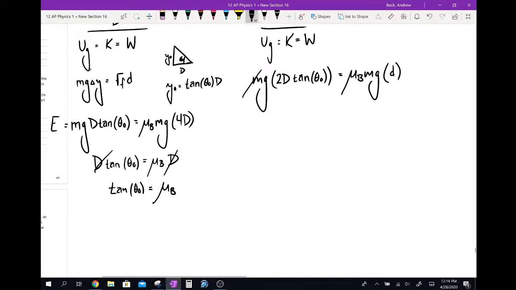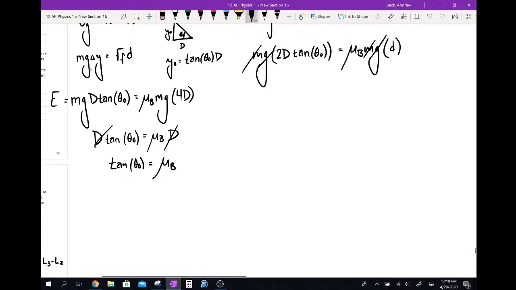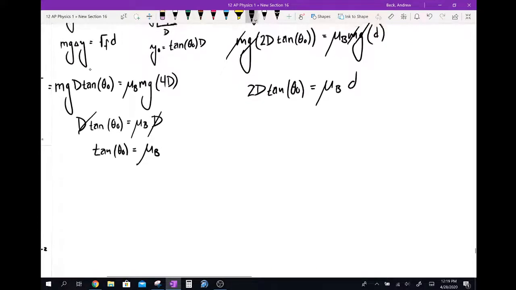And then again, we can cancel some stuff out and say 2d tangent of theta naught is equal to mu b times this displacement that we don't know.